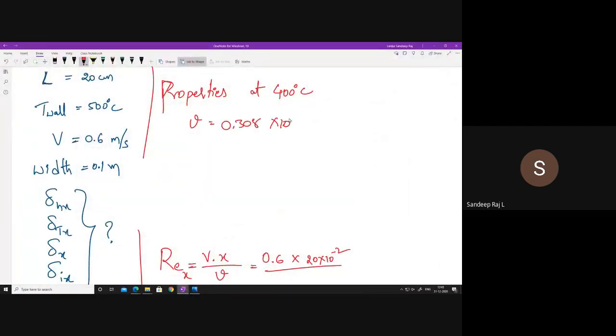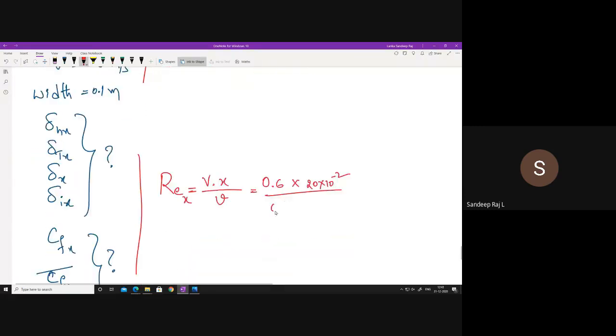0.308 into 10 to the power of minus 6 meter square per second, that's the nu value. Quickly tell me what is the value of Re_x? 38961.03.